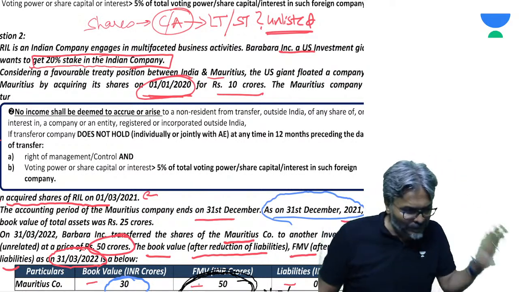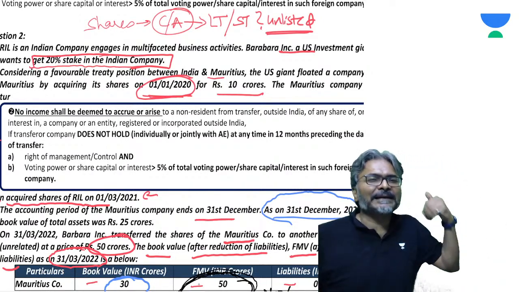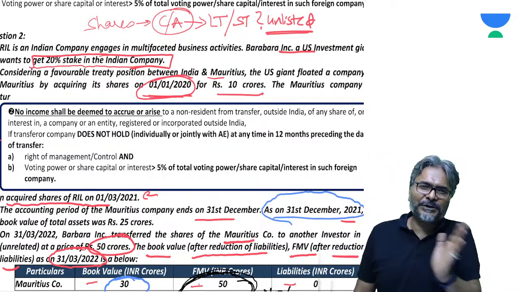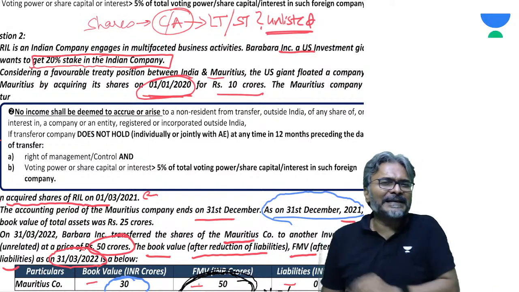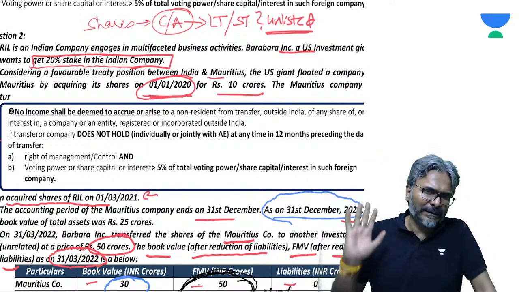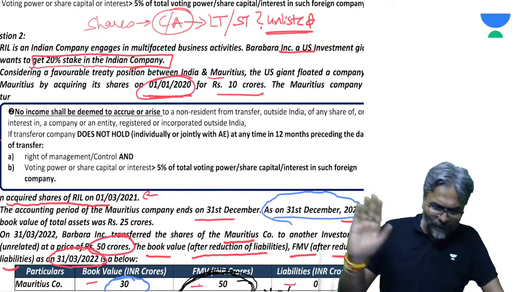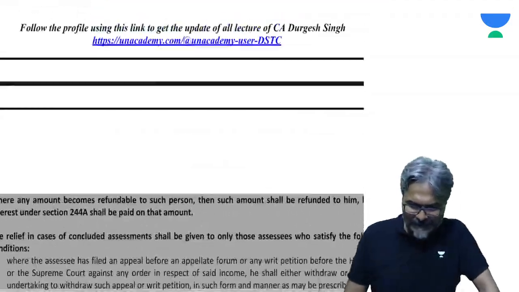And for the minority shareholder, there is no capital gains tax applicable in this concept of indirect transfer. I hope that all of you are clear with this one now, students.